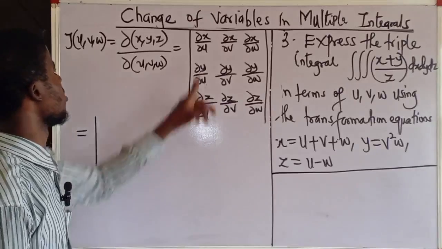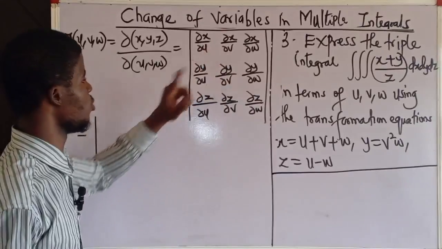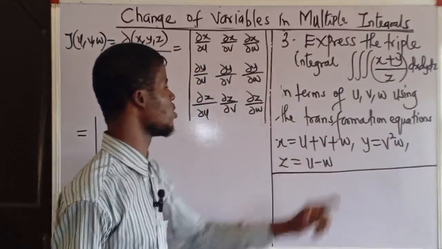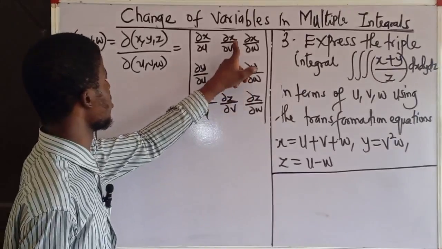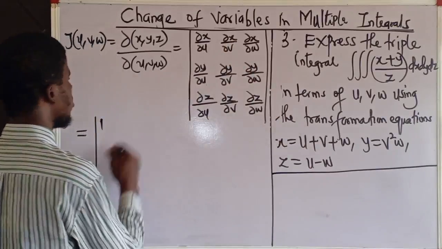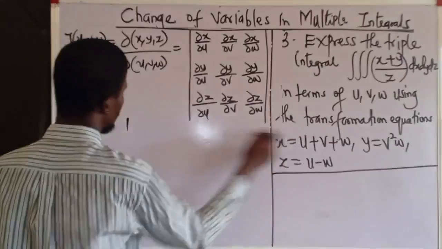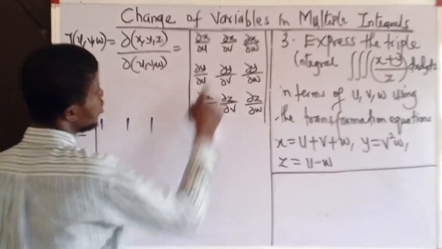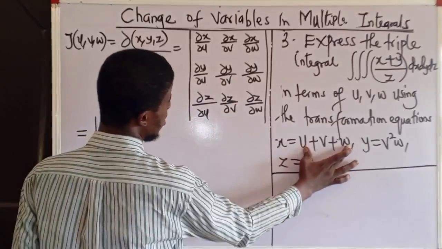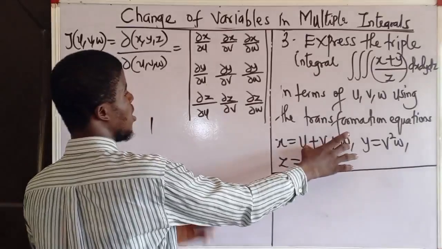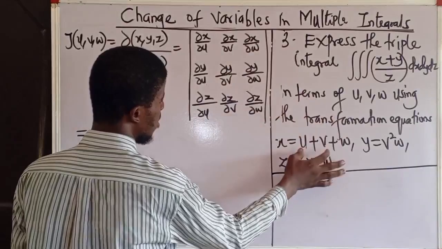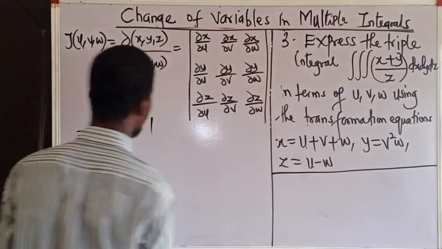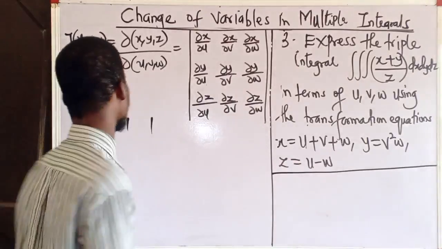To get this, we differentiate x with respect to u, taking v and w as constant, that will be 1. Differentiate x with respect to v, that will be 1 also, and this will also be 1. Here, we took u and w as constants, and their derivatives are 0. Here, we took u and v as constant, and that's 0 derivative. So we have 1 if we differentiate w.